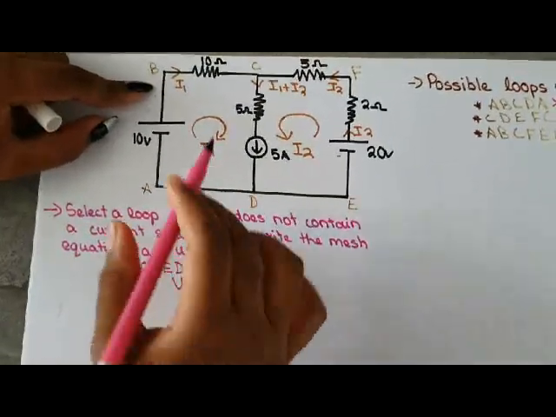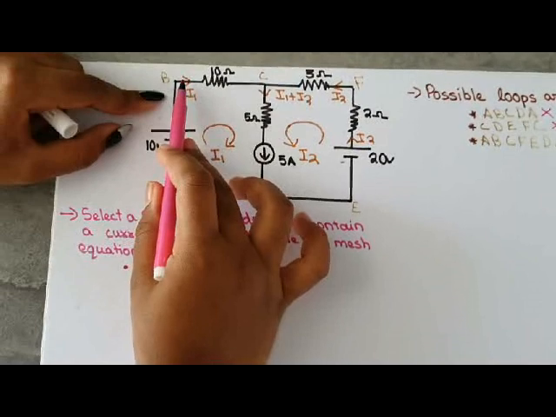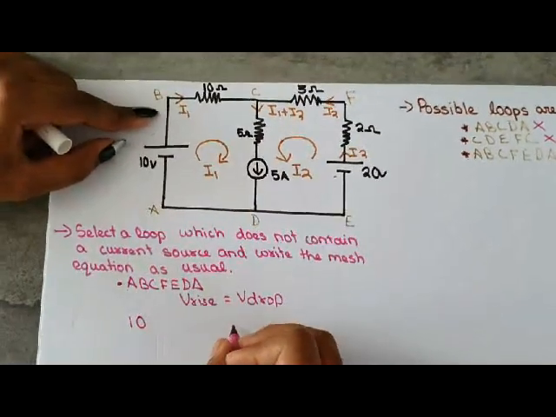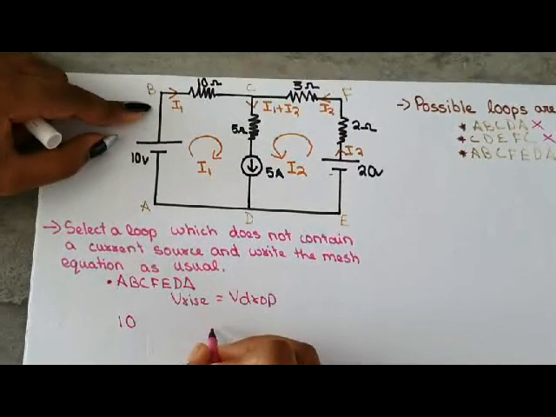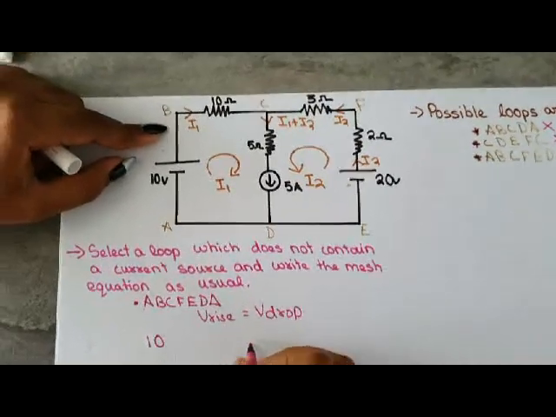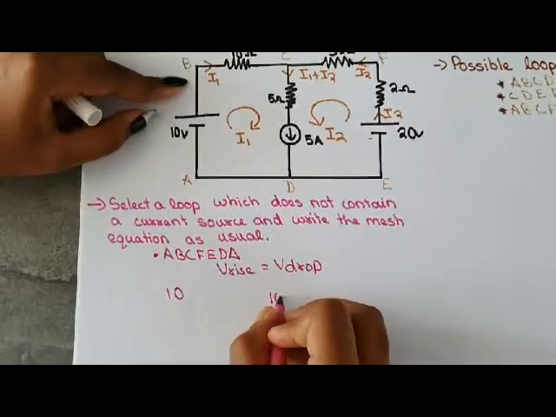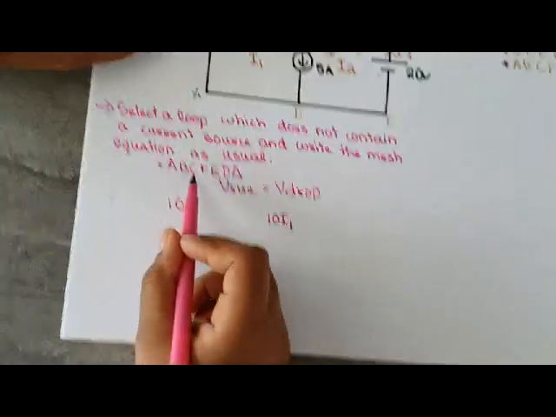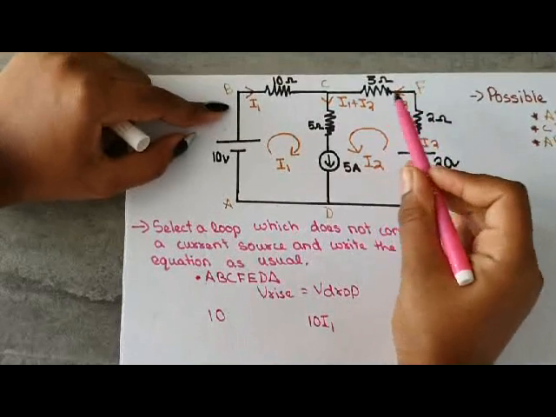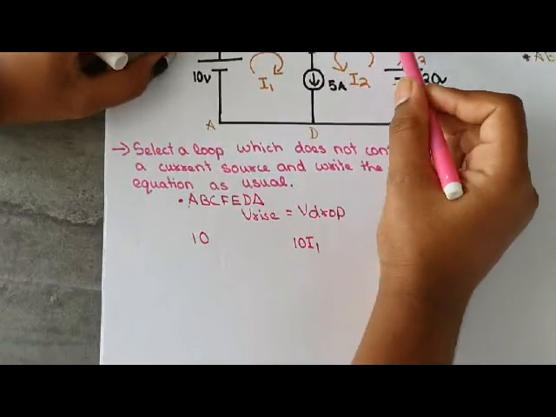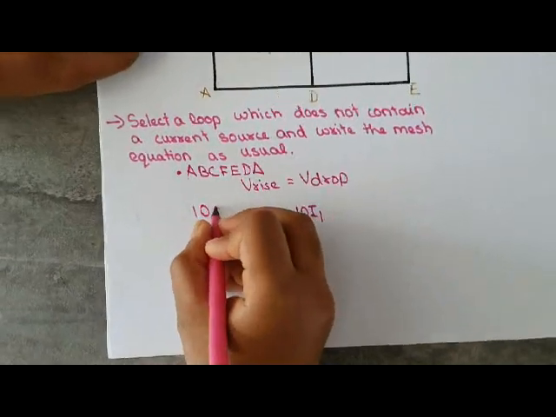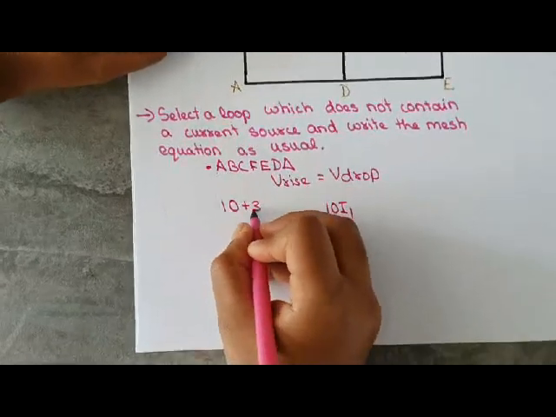Next is B to C. We are moving along with the current I1, so it is a voltage drop, 10 I1. Next is C to F. We are moving against the I2 current, which is a voltage rise, so plus 3 I2.